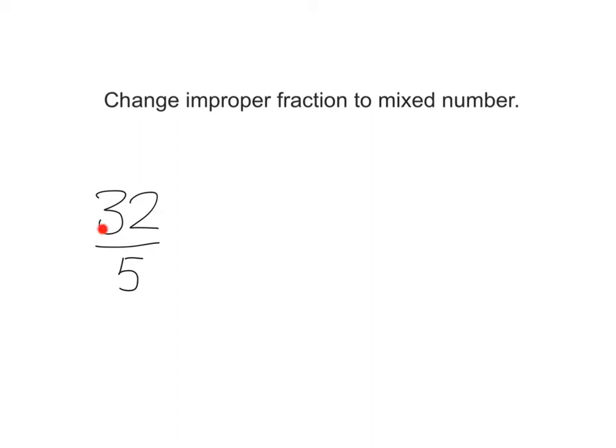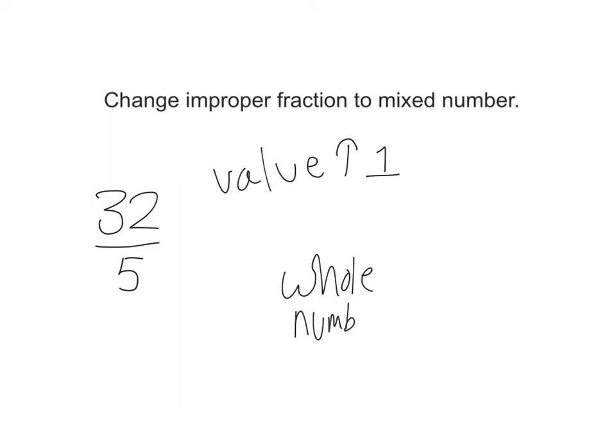When the numerator is larger than the denominator, the value is larger than 1. So we should have a mixed number because we will have a whole number representing the values larger than 1 and possibly still a fraction left over, but not always.